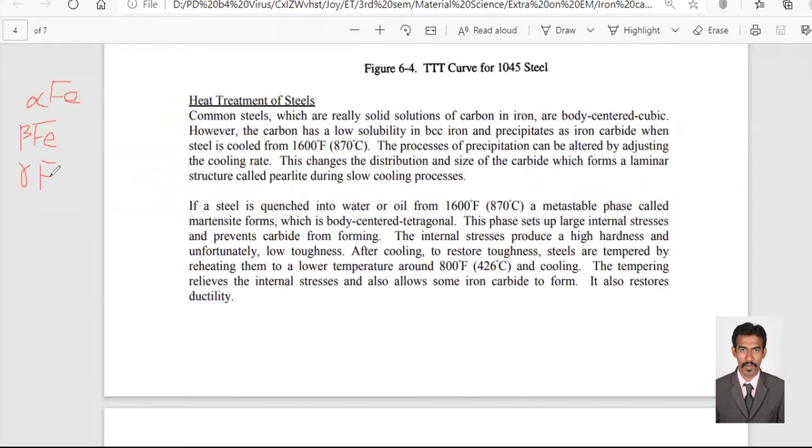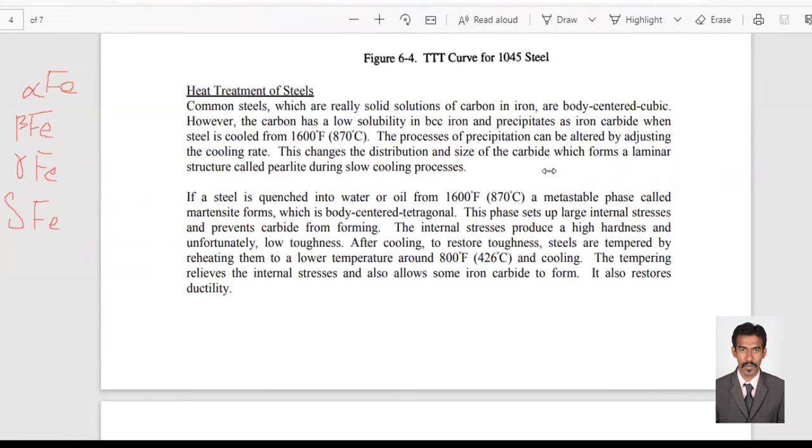So what is this Fe? Yes, ferrous. So there is iron. You can say it as ferrous or iron.